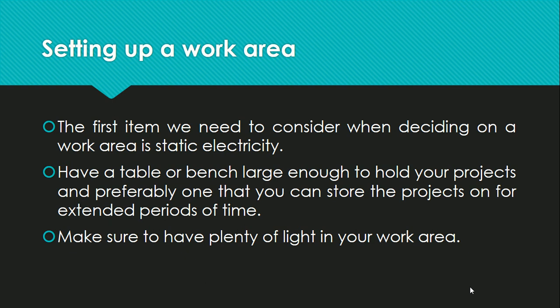So have a table or bench large enough to hold your projects, and preferably one where you can store the projects for extended periods of time. Make sure to have plenty of light in your work area, especially if you have very small electronic components. If you do not have plenty of light, you will have a difficult time with components that are too small, and in the long run you will have a problem with your eyesight.